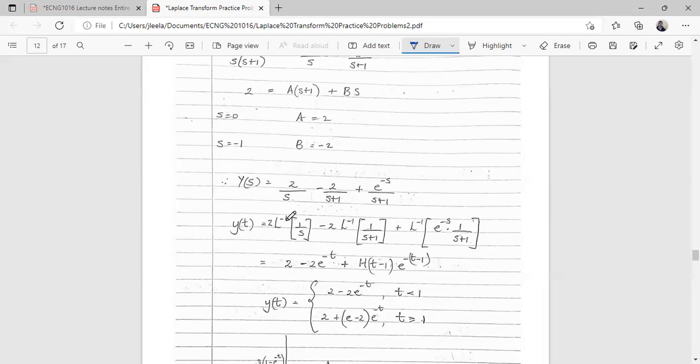The inverse Laplace of 1 over s plus 1 is e to the minus t, and then you have to multiply it by minus 2. And the inverse Laplace of e to the minus s over s plus 1, since e to the minus s is there, our t naught is 1. Therefore, based on the definition of the inverse, when you have a Heaviside function here, it would be H(t minus 1) times e to the power of minus (t minus 1).